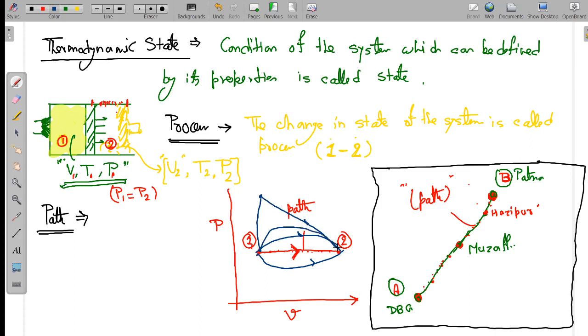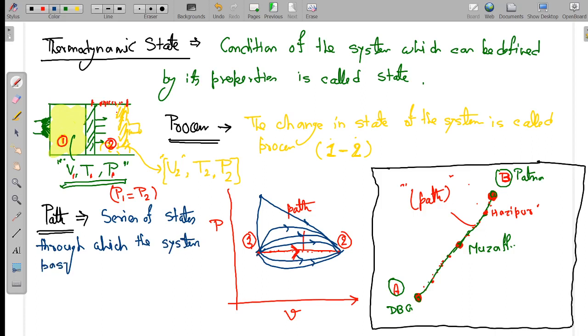So there can be an infinite number of paths that the system can follow for going from state 1 to state 2. So we can define path as the series of states through which the system passes, and it is called the process path. In this example, what is the process? The process is 1 to 2.